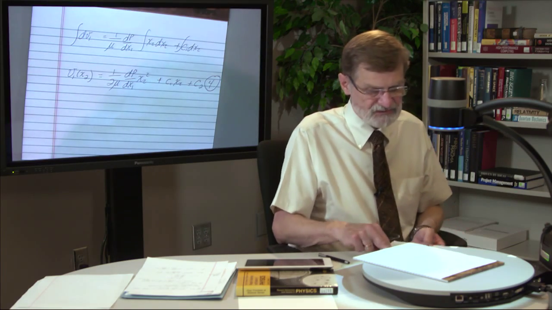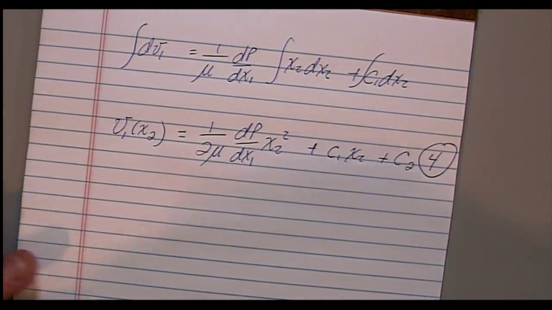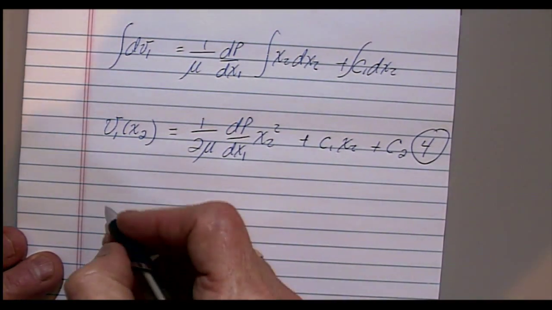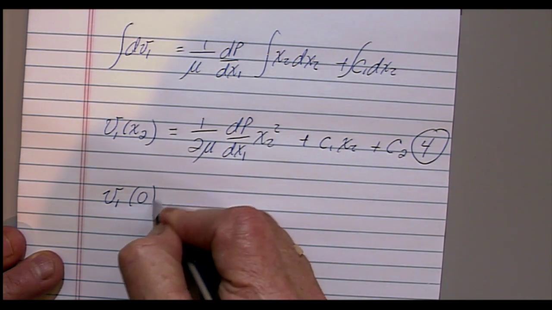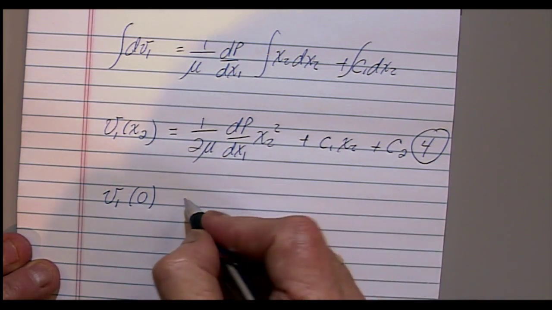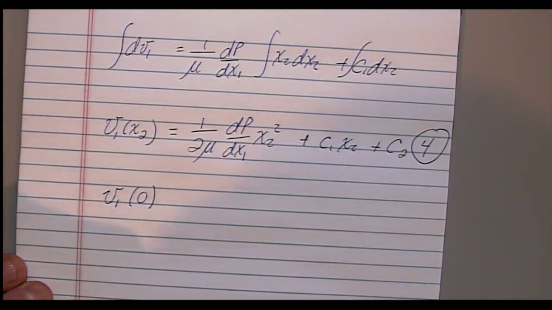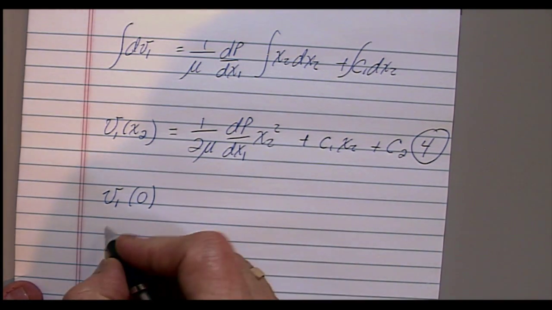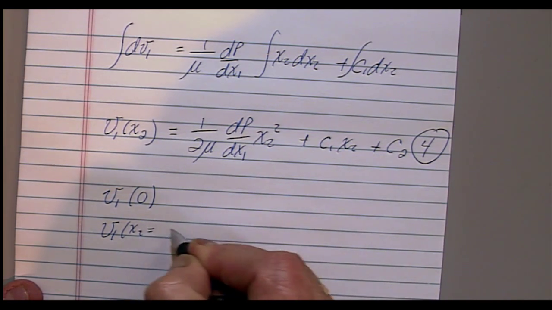So the boundary conditions are two. If you remember our setup, we have a velocity at the top equal to v1 in the one direction at position x2 equals 0. And that's some velocity that has some value that we can prescribe. It's the rate at which we're pulling on the top plate. And we know the velocity at the bottom at x2 equal to h.